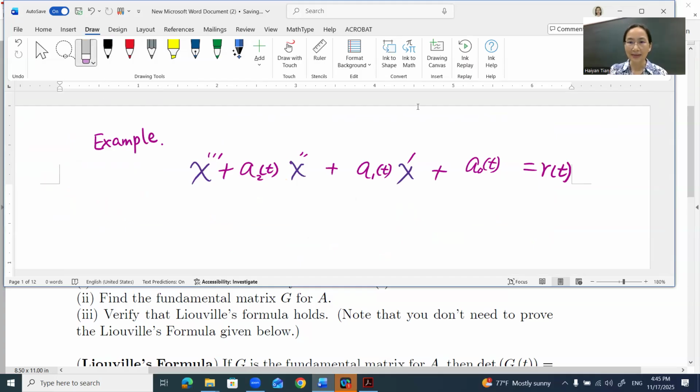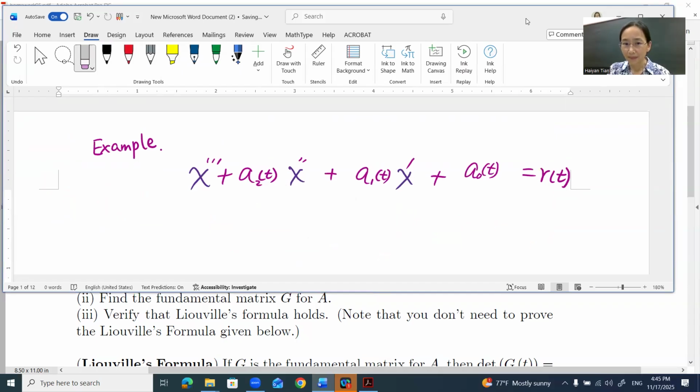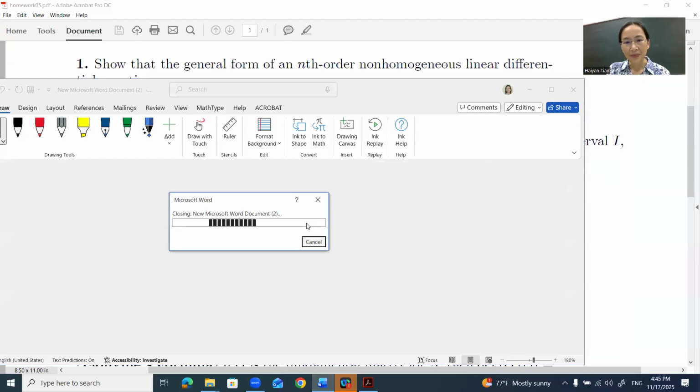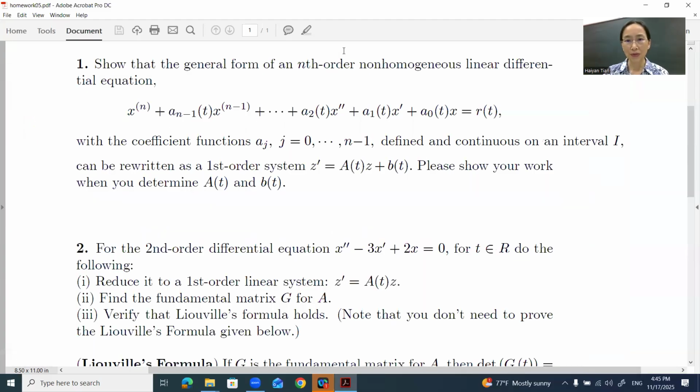Yeah, so that's the hint. So if you can do this particular problem for third order, I'm sure you can extend this technique to represent this nth order equation, right? How do you represent it as a system of first order?